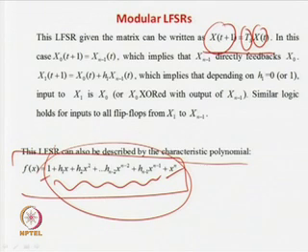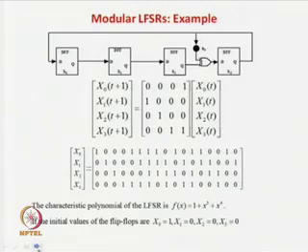Given a characteristic polynomial like this, there can be analysis which can determine that if a modular LFSR has this characteristic polynomial, then it will generate a near exhaustive random set of patterns excluding the all zeros, and sometimes there also exists a characteristic polynomial which will not generate the exhaustive set of patterns. So, depending on your requirement you can select a characteristic polynomial, and how is the characteristic polynomial selected?